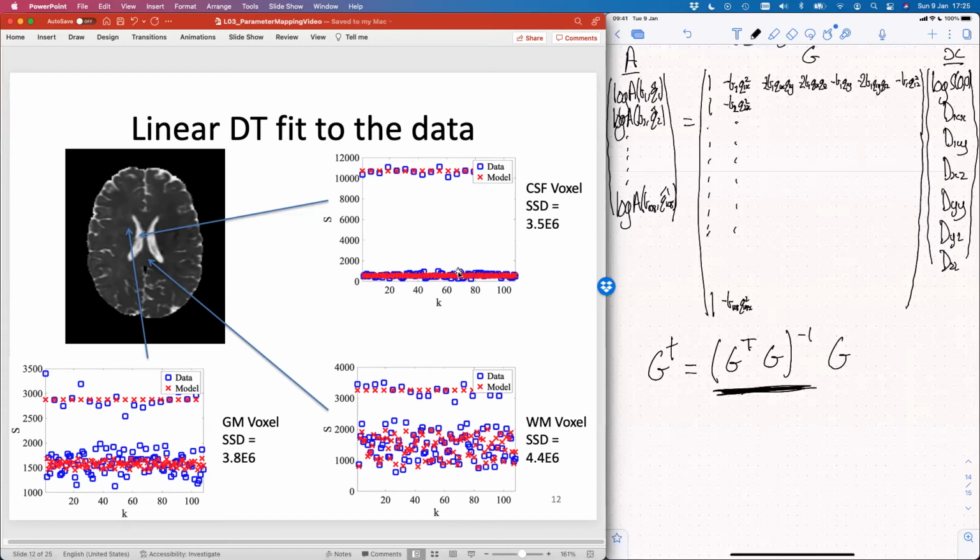In the CSF and the grey matter, there's much less difference, and we only get about a 10% reduction in the error scores for both of these voxels, because the diffusion is reasonably isotropic in both of these regions anyway. So having the anisotropic model doesn't help particularly. It only really helps in the white matter voxel, where we get this dramatic reduction in the errors from 16 million before down to 4 million here.